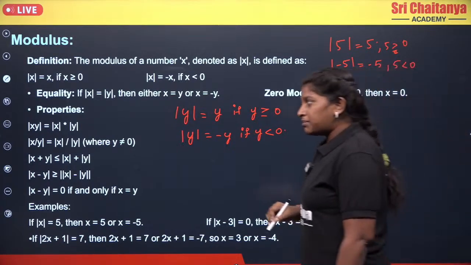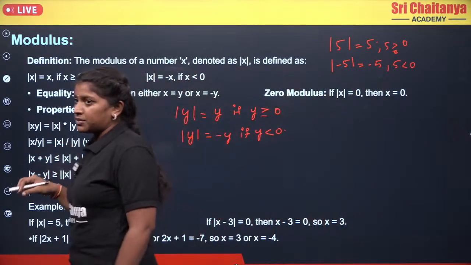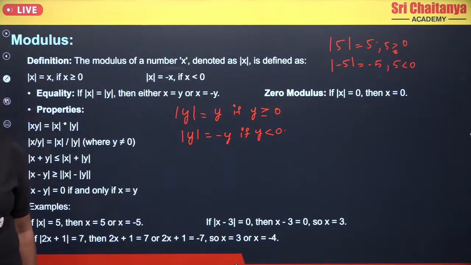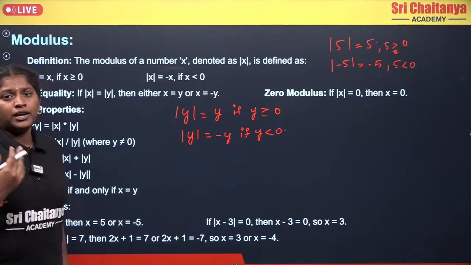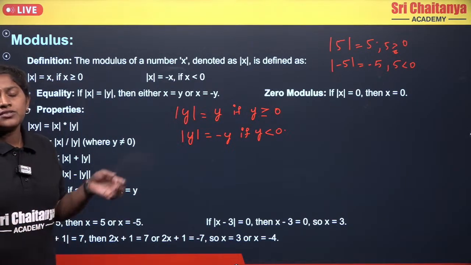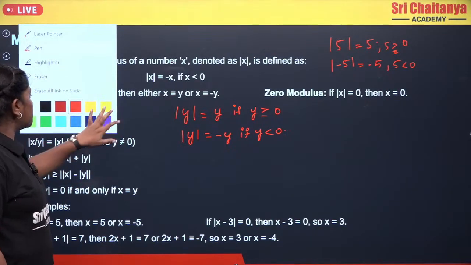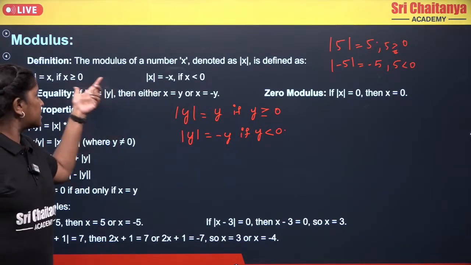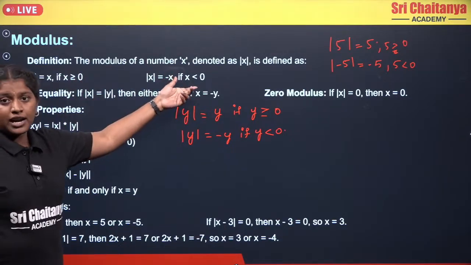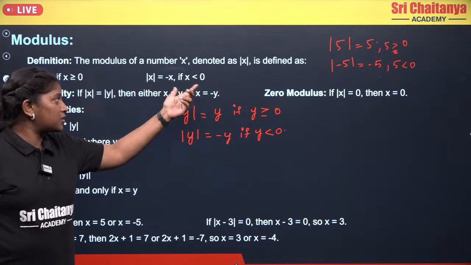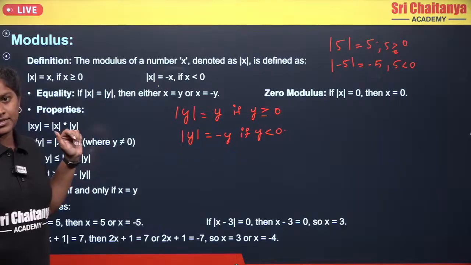So if we are talking about the modulus, we are just defining its sign, whether it is positive or negative. When the value is greater than or equal to 0, we consider it positive, and if the x value is less than 0, then it will become minus x.